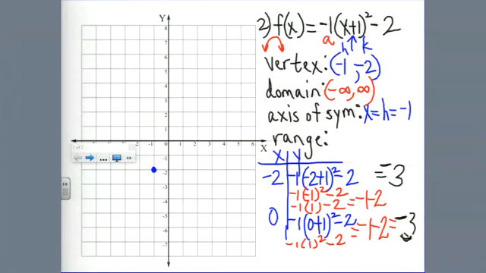Now let's plot our other 2 points and draw the graph and also find the range. So -2, -3 and 0, -3. And as the value of A predicted for us earlier, our parabola will be upside down.